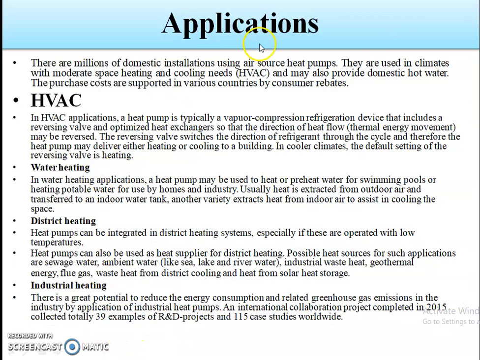From the applications of the heat pump, as I already told you, heating, ventilation and air conditioning systems, water heating, direct district heating, that is room heating or industrial heating, using the chilling effect or flue gases or solar heat energy. So the heat pump is a very necessary and essential device for heating, ventilation and air conditioning systems.